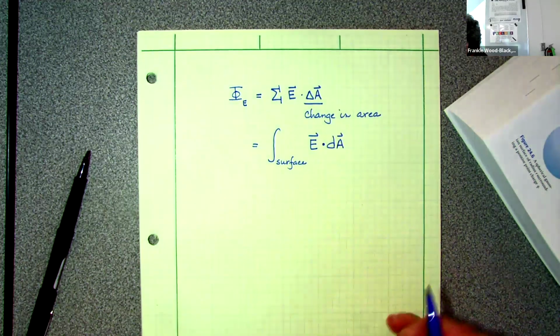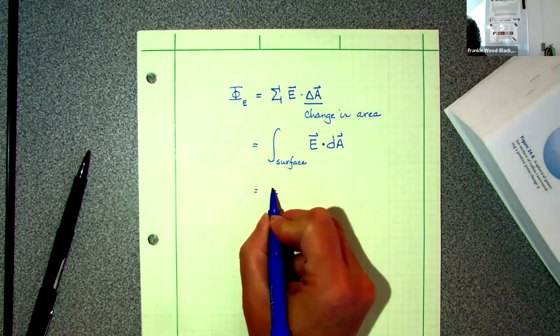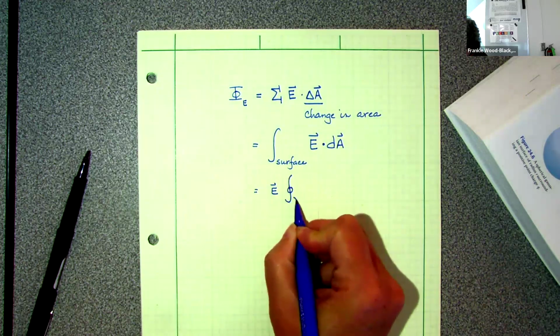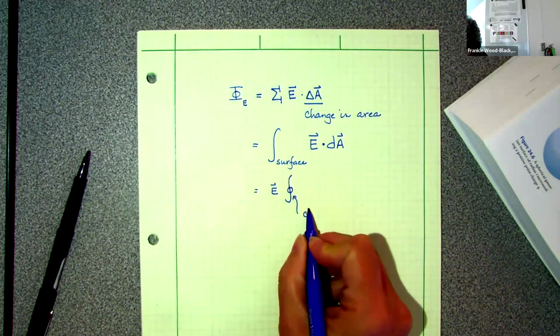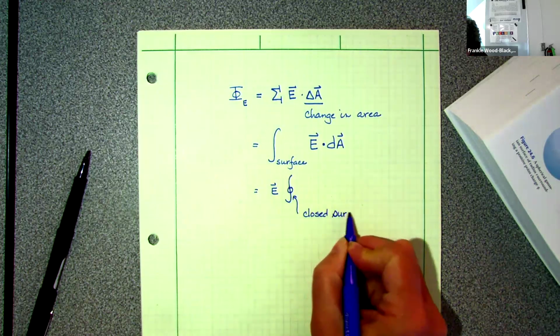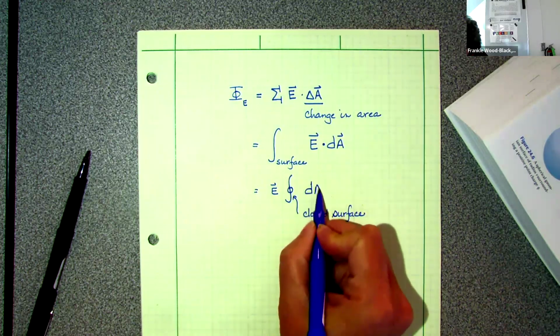But my electric field is going to do weird things. So I'm going to move that. My electric field is going to have magnitude. Now I'm going to deal with this, and I'm going to use this symbol to represent a closed surface, dA.